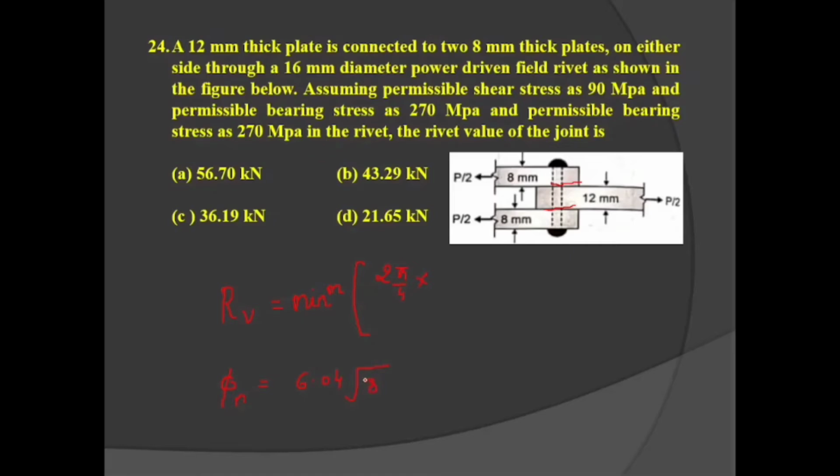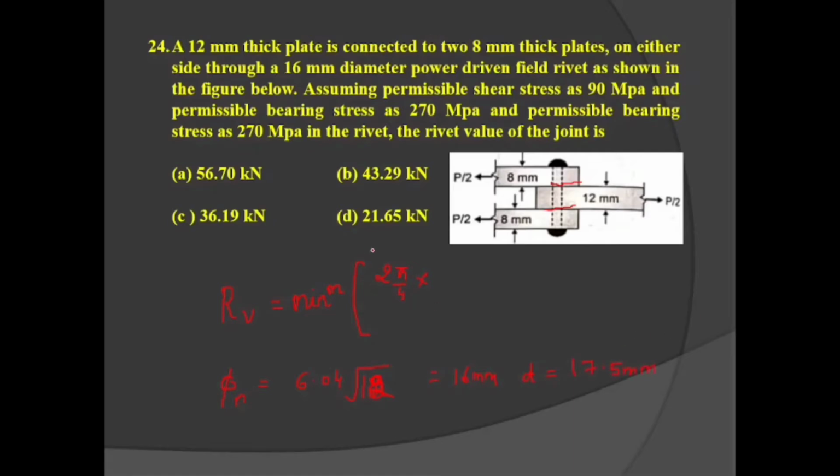T minimum is the minimum of 12 and 8 plus 8, that is 12 mm thickness. So that is approximately 16 mm, and our gross diameter will be equal to 17.5 mm.